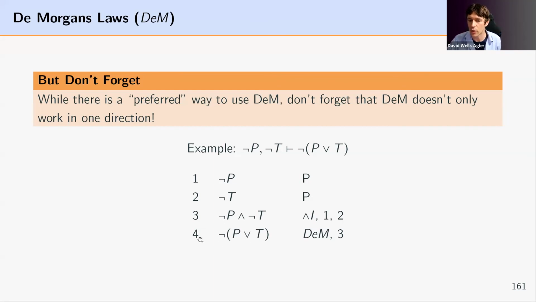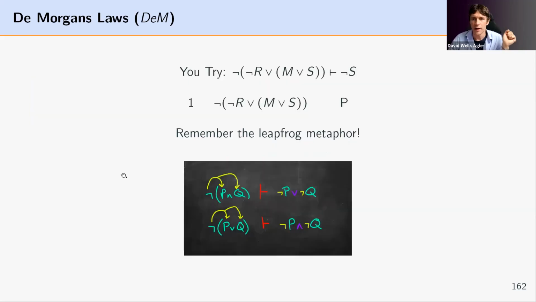So we can use DeMorgan's laws on line 3. I just throw this out here because even though I've emphasized that there's one preferred direction, there's also the other direction that is less common you'd find in a proof, but nevertheless still possible. Okay, let's take a look at another proof.